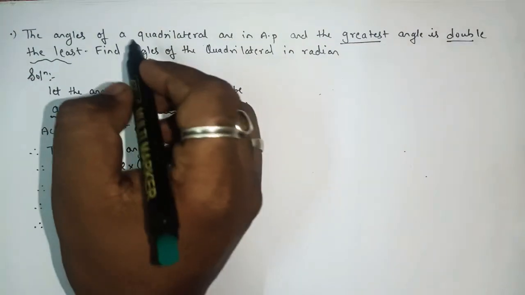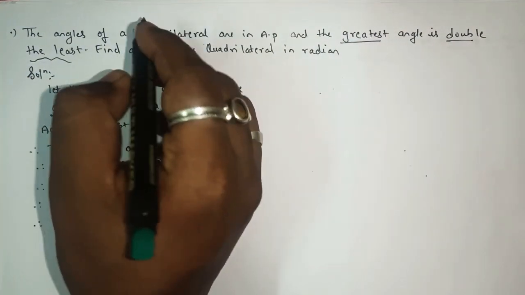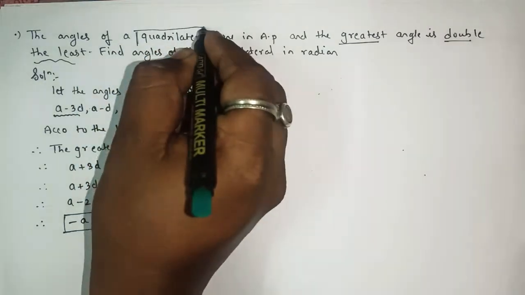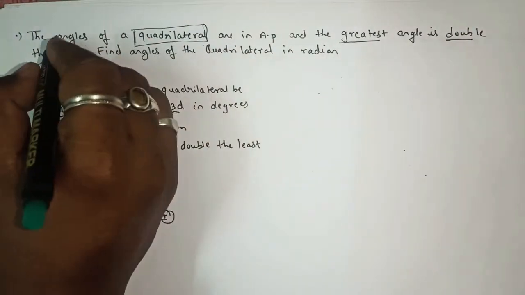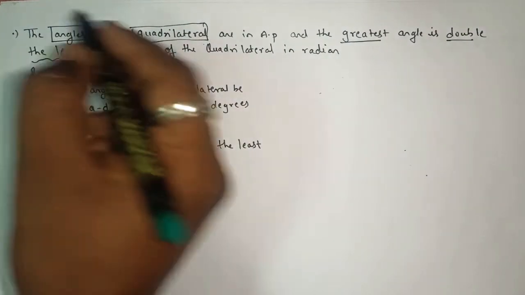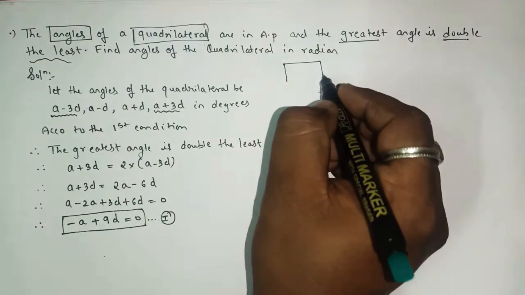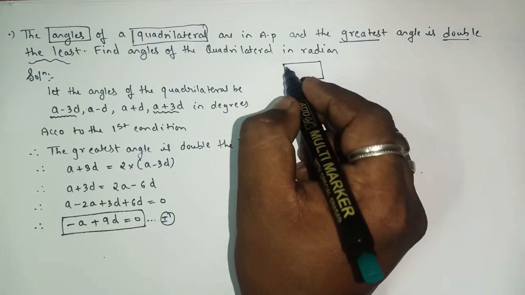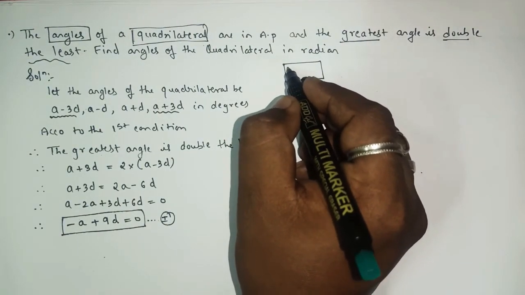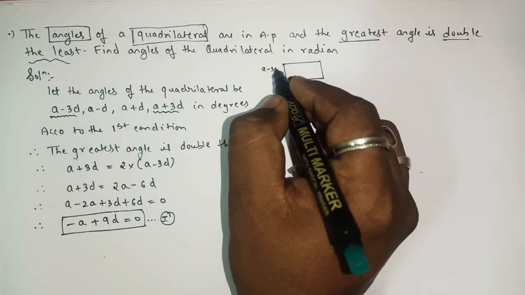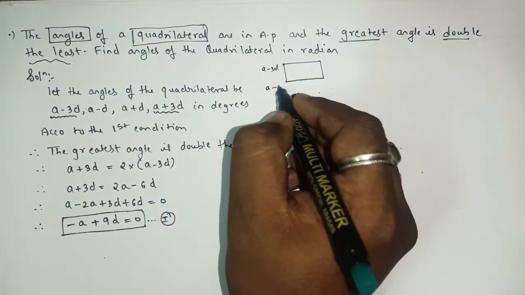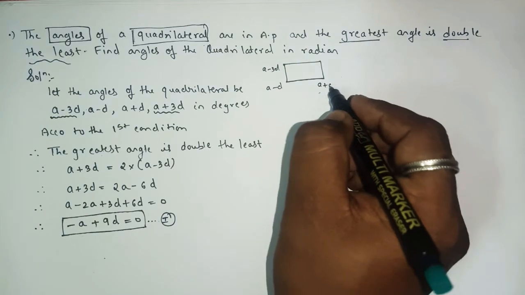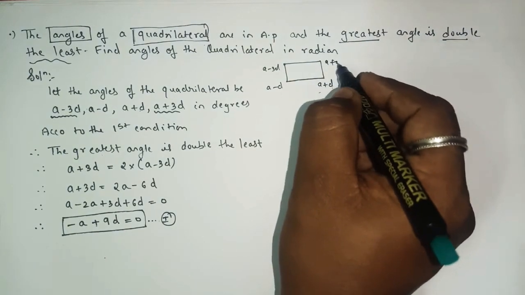So the second condition is there in this word, as it is a quadrilateral, angles. So here we have the first angle as A minus 3D, second as A minus D, third as A plus D, and fourth as A plus 3D.